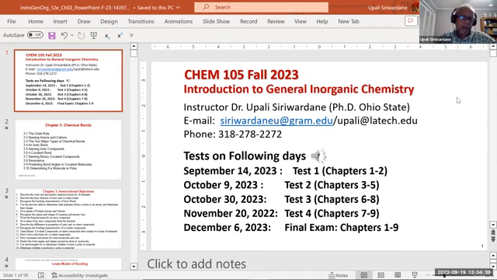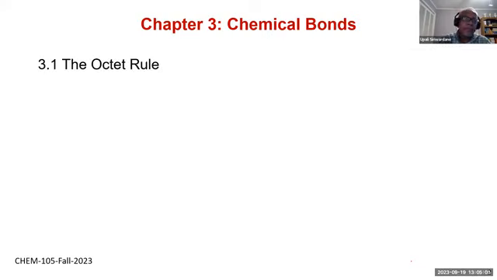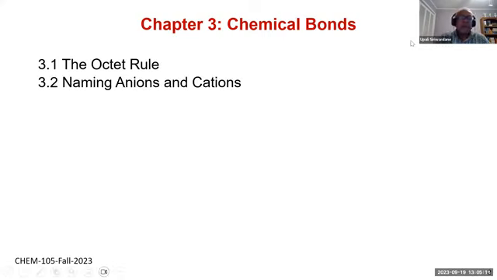So I am going to go to chemical bonds. I want to get this out of the way. Chemical reactivity or formation of chemical bonds are based on the idea that atoms of elements react to gain an octet of valence electrons.